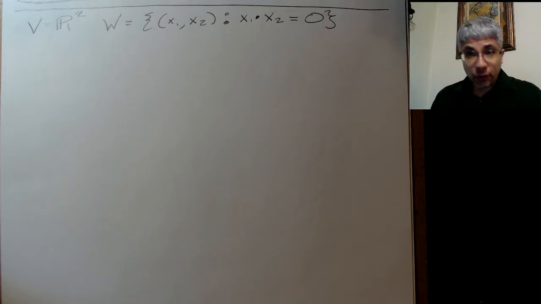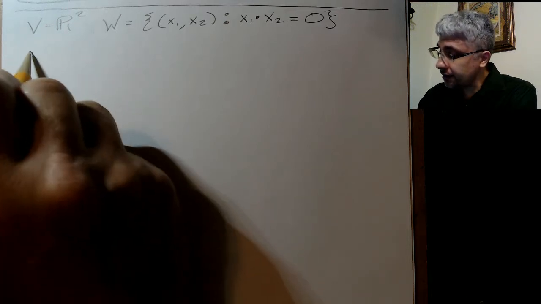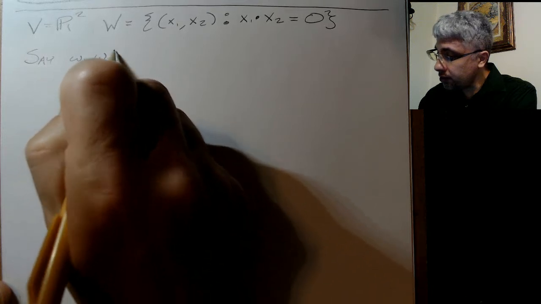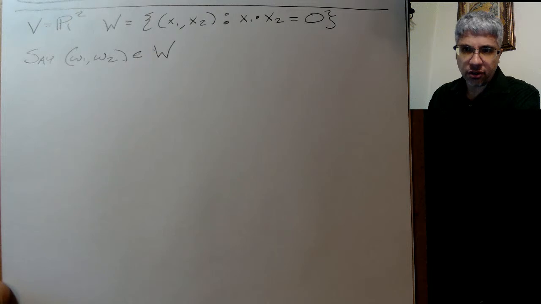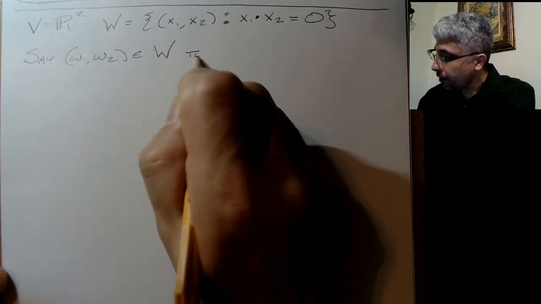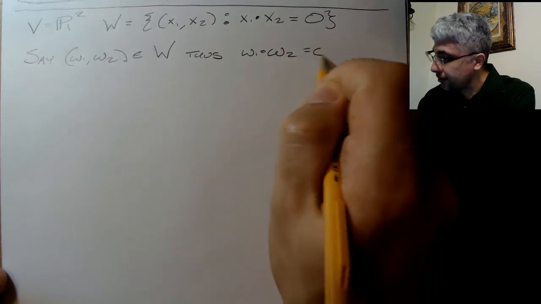Now if I wanted to check whether this was closed under scalar multiplication, basically I'll just take an element, let's say (w1, w2) is in W. I'll start off by writing it like that so I save a step. Thus, w1 times w2 is equal to 0.